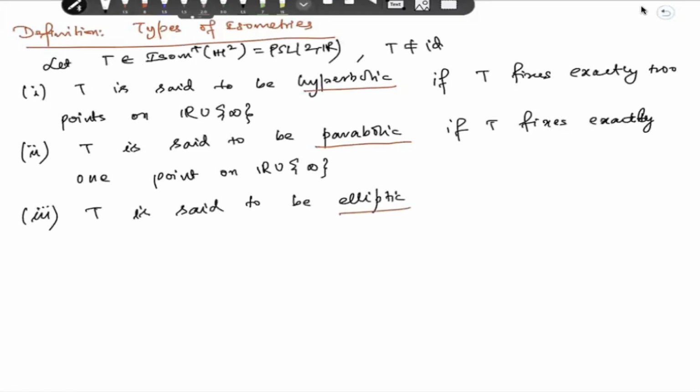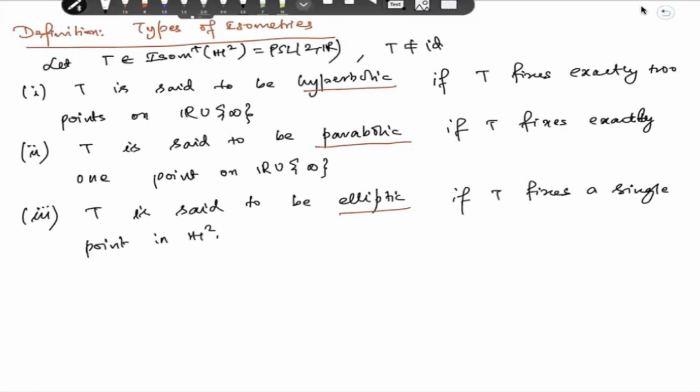if T fixes a single point in the upper half plane.